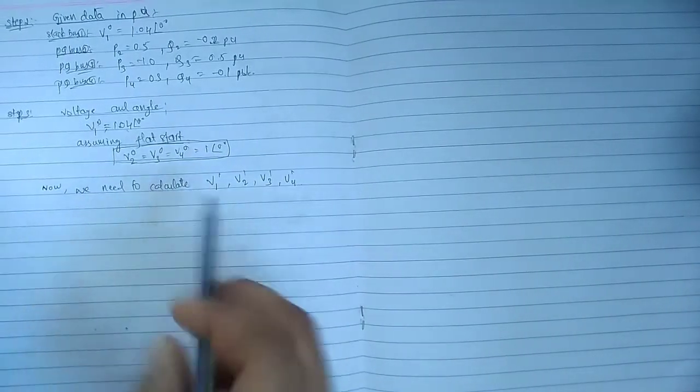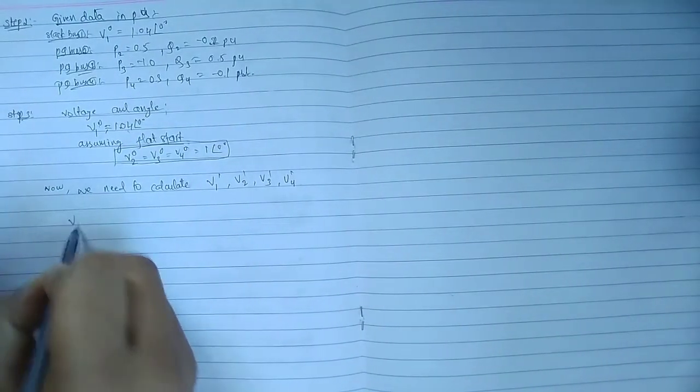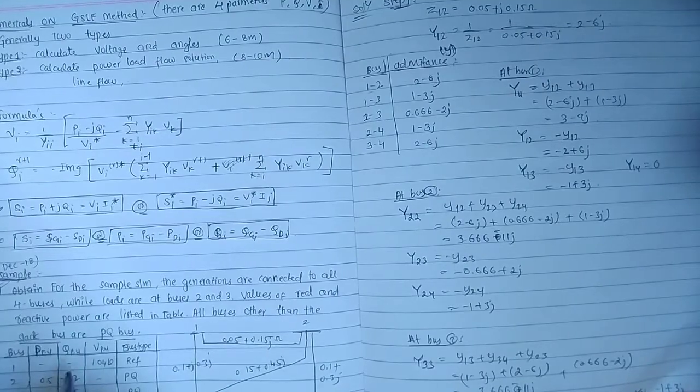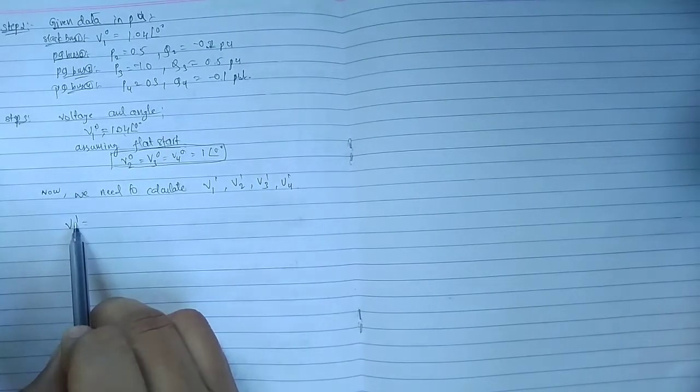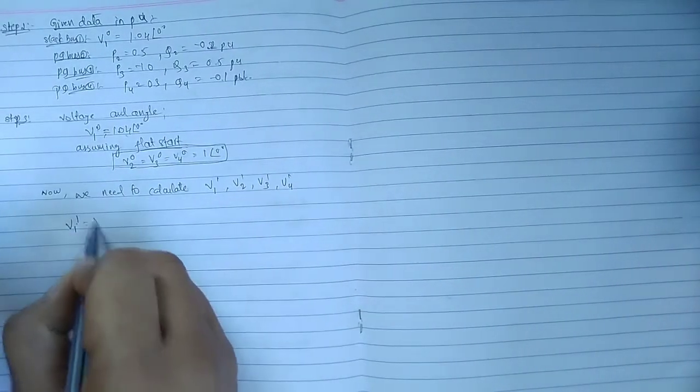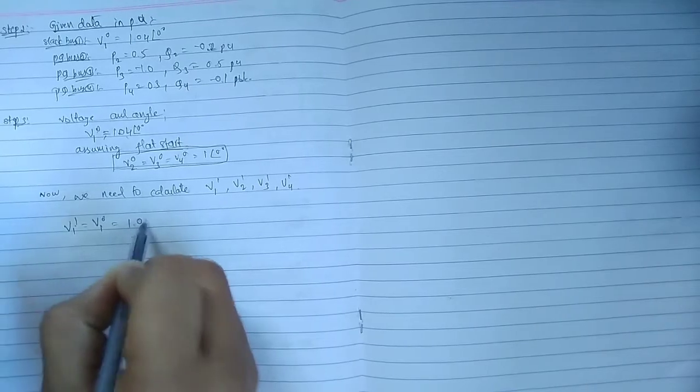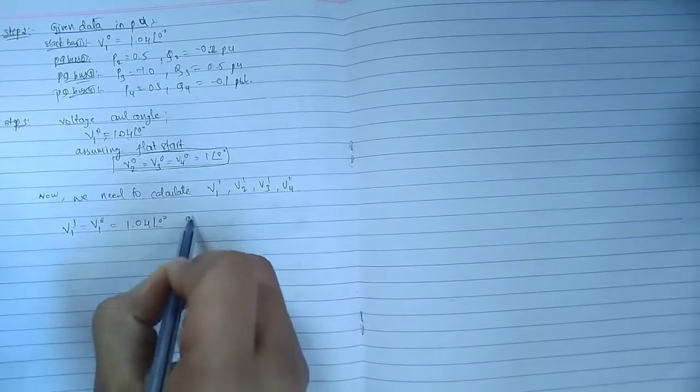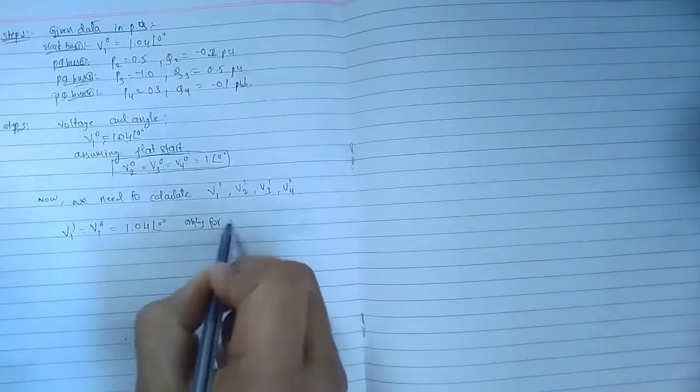First for V1 of 1, what is that? That is the slack bus, right? For the slack bus, please do remember, V1 of 0 is equal to V1 of 1, V1 of 2, any iteration value. This is equal to V1 of 0 only for the slack bus.